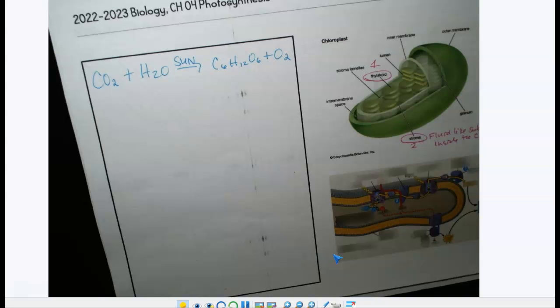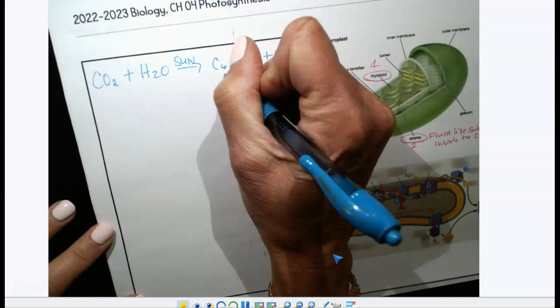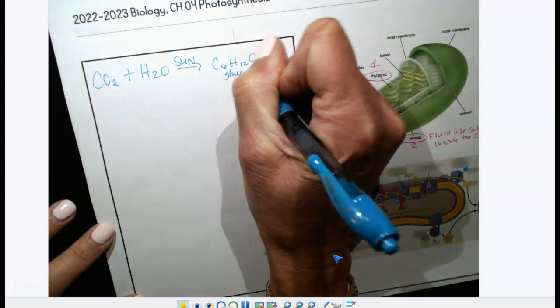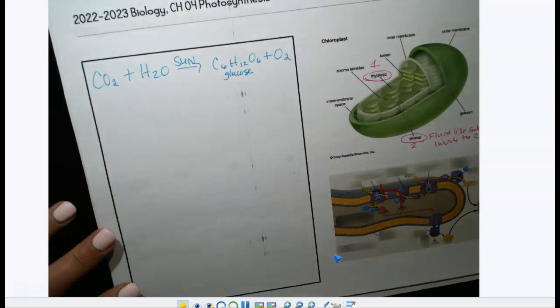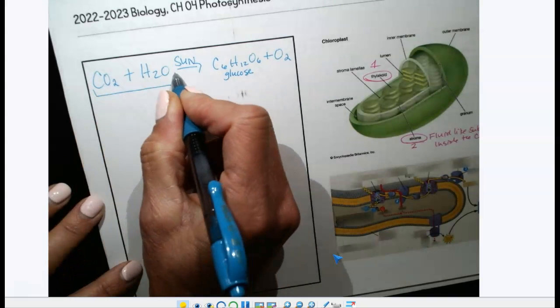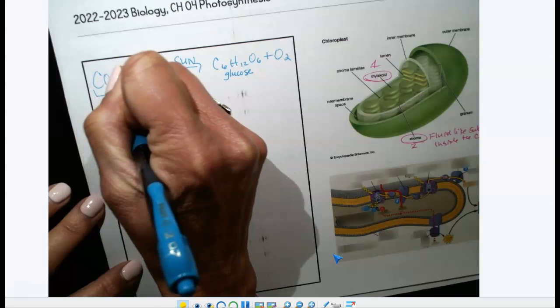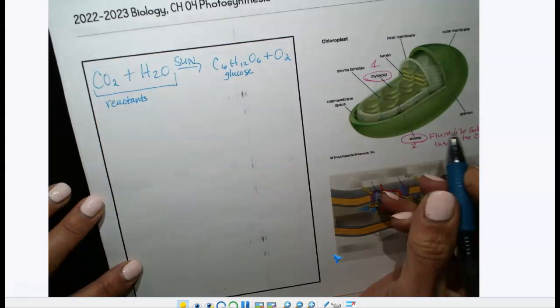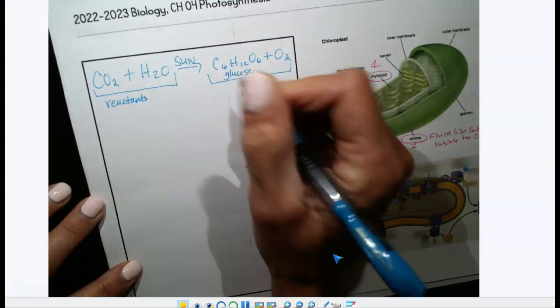Can everybody see? Does it need to be bigger? No? Okay. This stuff right here is glucose. Glucose is the sugar that's made. These guys right here are my reactants, and these guys right here are my products.